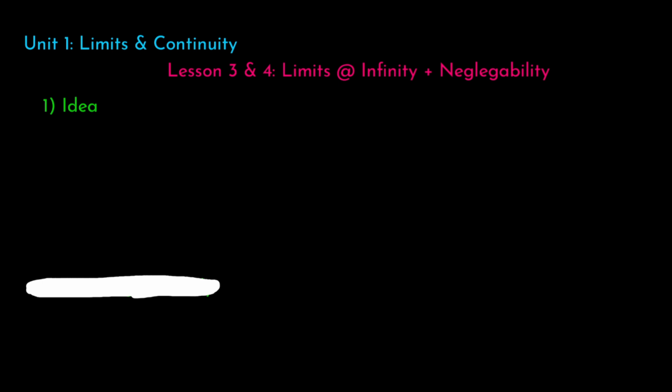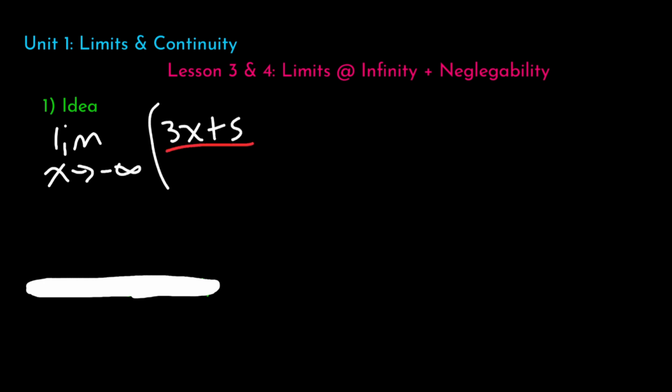So if we have the limit as x goes to negative infinity of 3x plus 5 over 6x minus 8, what happens when you plug in infinity?